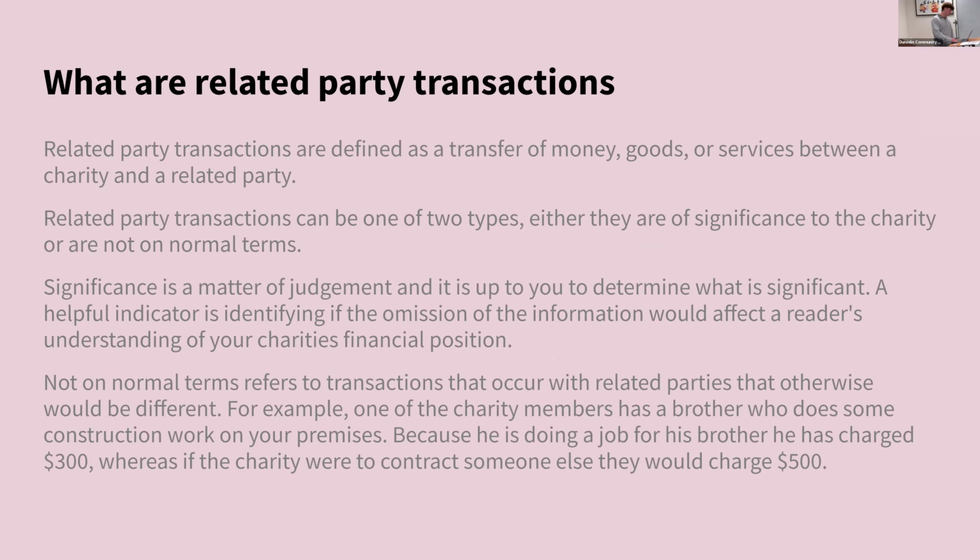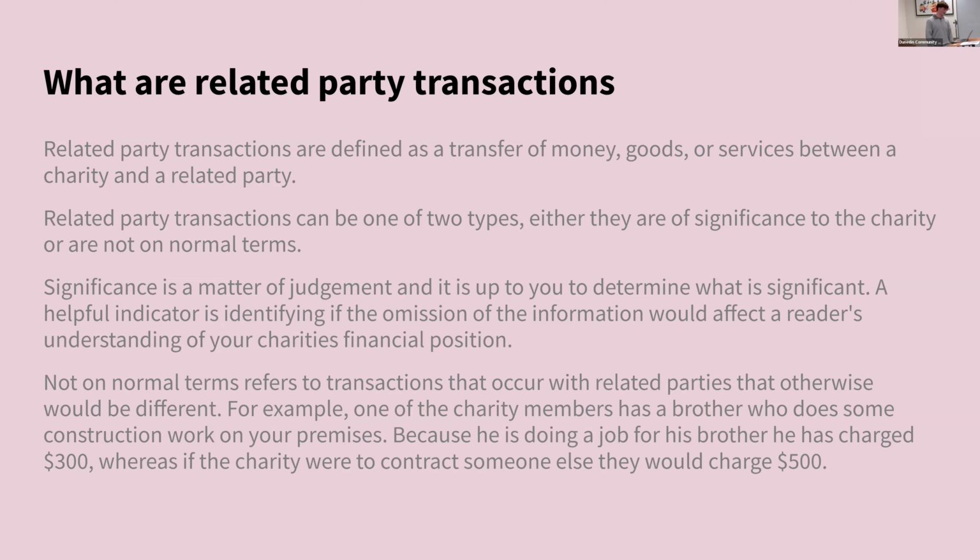So continuing on, related party transactions are defined as a transfer of money, goods, or services between a charity and the related party. Related party transactions can be one of 2 types. So either they are of significance to the charity or are not on normal terms. Significance is a matter of judgment, and it's really up to you to decide what amount you consider significant.